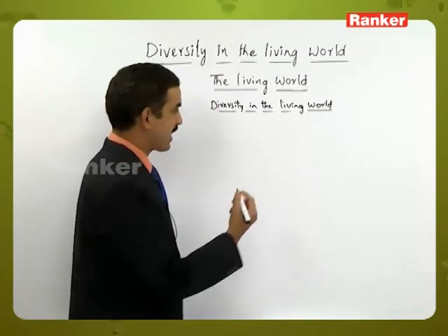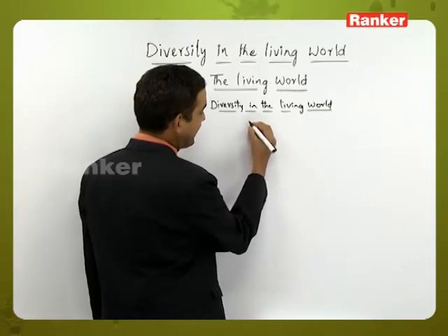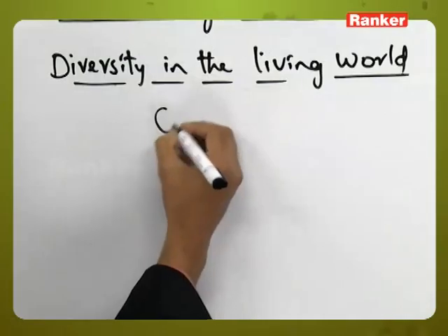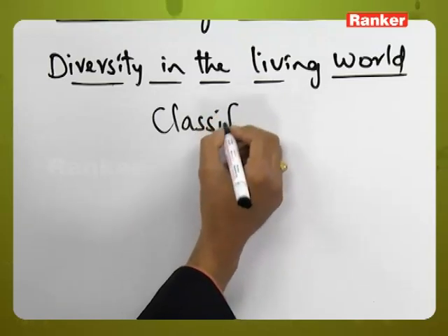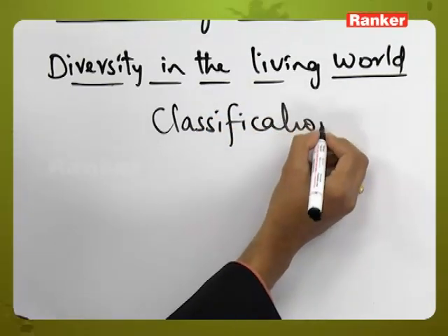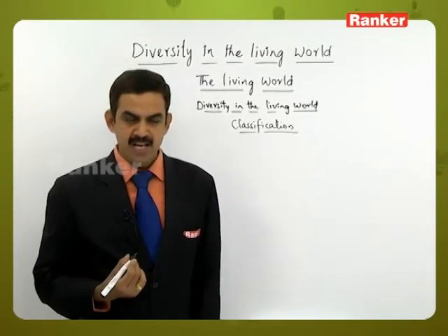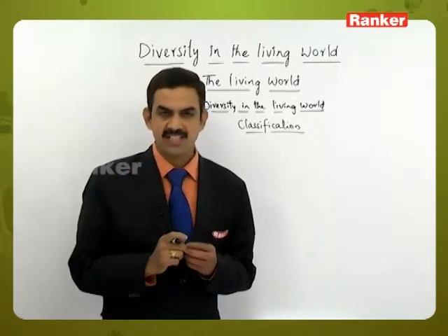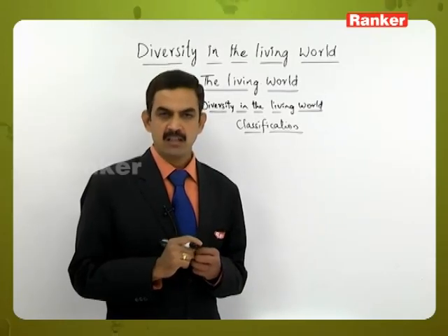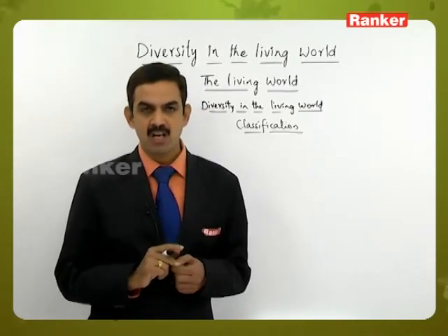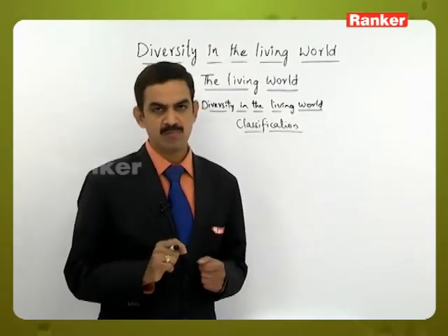The next aspect of the taxonomic categories is classification. Here, after giving names to whatever group of plants have been identified, we can observe some similarities and also some differences.